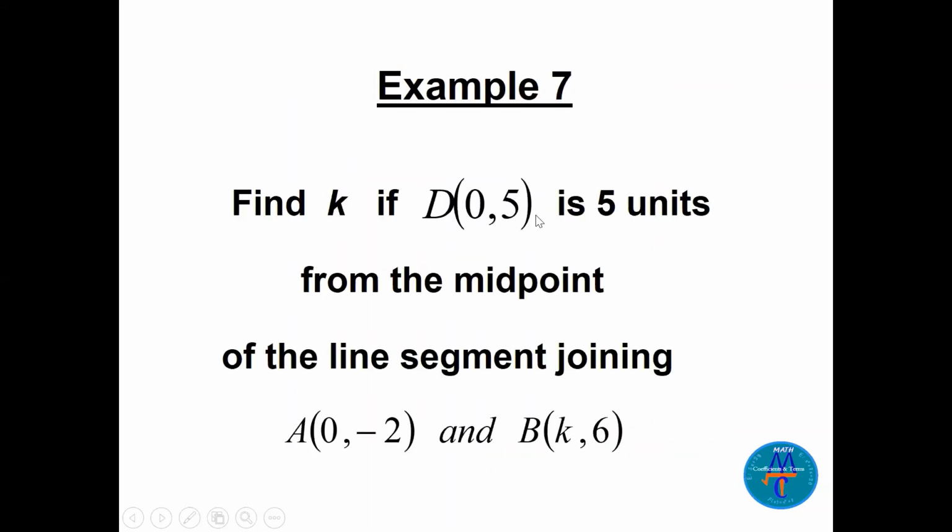Now this one is very nice, actually. Find K. Where is K? Here, you see the point B, K is 6.